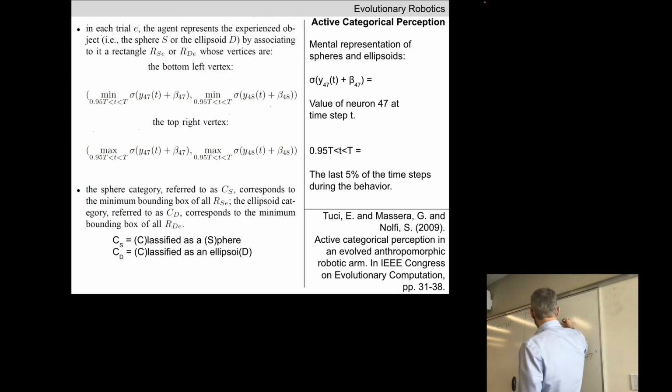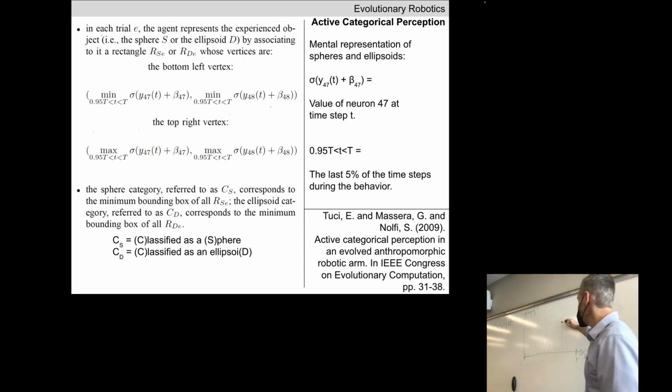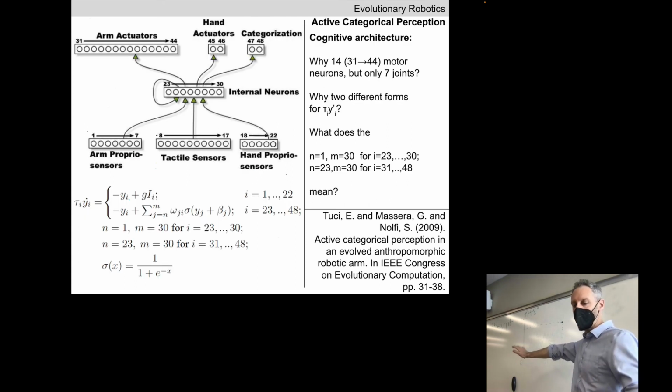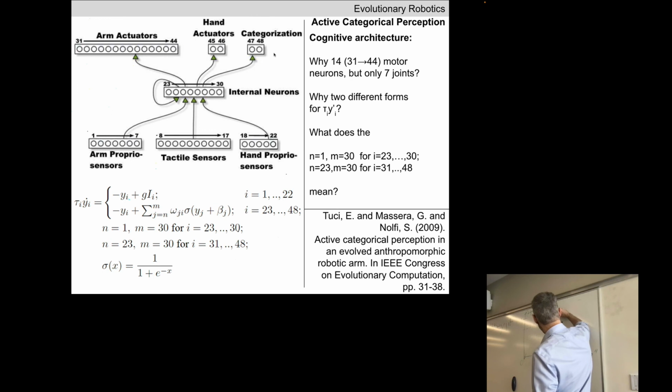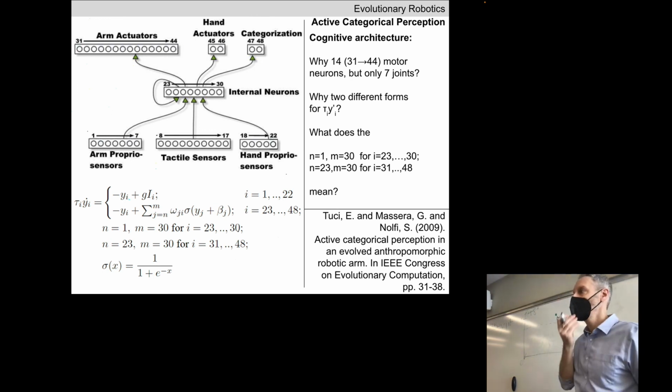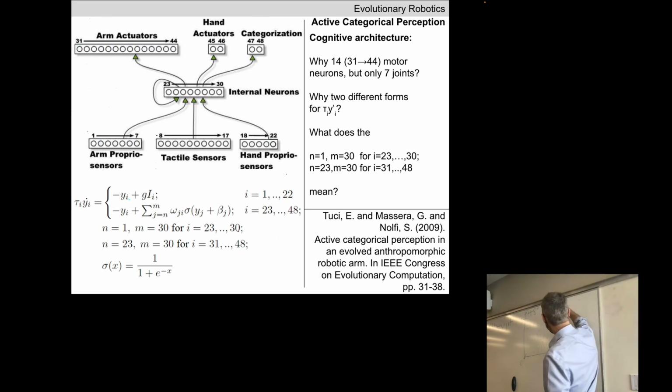I don't know what the initial values of neuron 47 and 48 are, but let's assume the initial values of 47 and 48 are this. The robot is starting with its palm on the object. It starts moving. When it moves, it changes its sensor values, which change the sensor neurons, which change the hidden neurons, which change the two values of neuron 47 and 48 at time step t1.